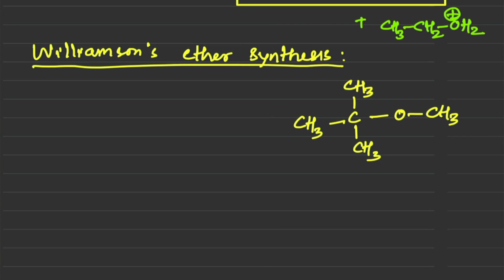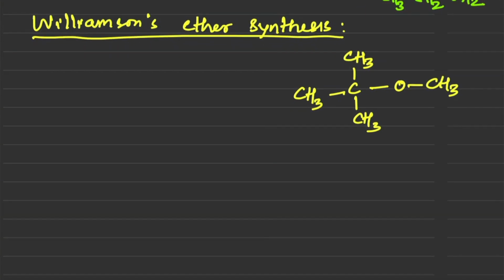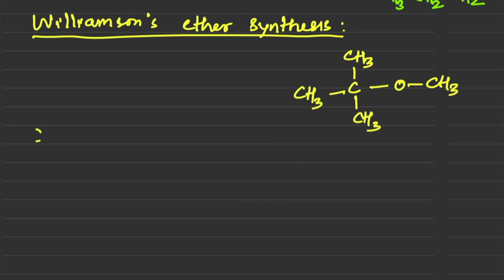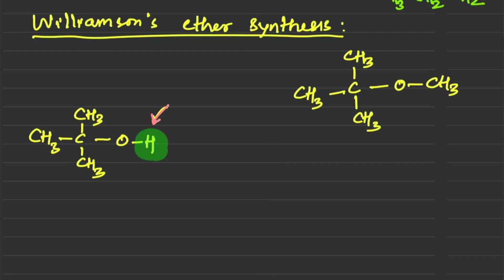The way we're going to do this, let me try to write the correct way, then I'll explain the wrong way. Let's say you have tertiary butyl alcohol right there. We know that the hydrogen on alcohol is acidic. So this is the acidic hydrogen, and it can be deprotonated using a very strong base.